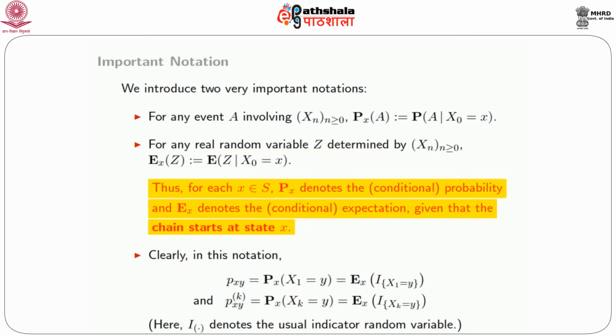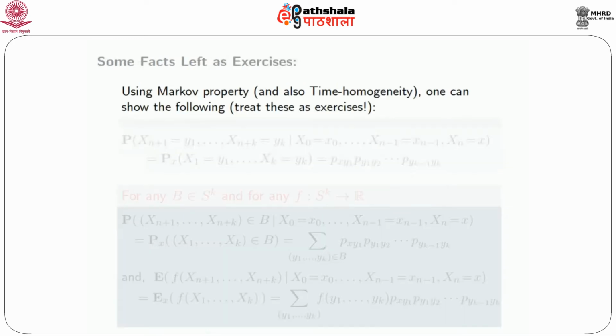Now here are some facts which I leave as exercises. You should try these exercises. Basically, using the Markov property and also time homogeneity, one can show all these things. So I want you to treat these as exercises. So this is the first one.